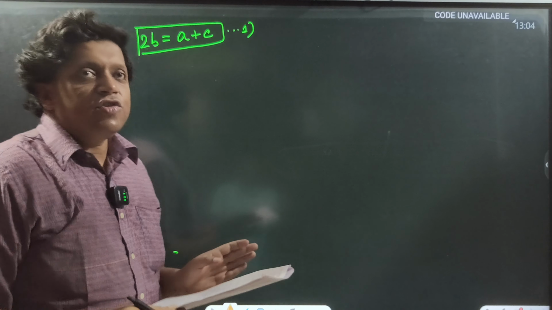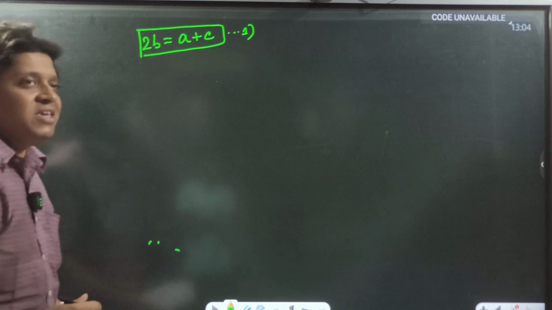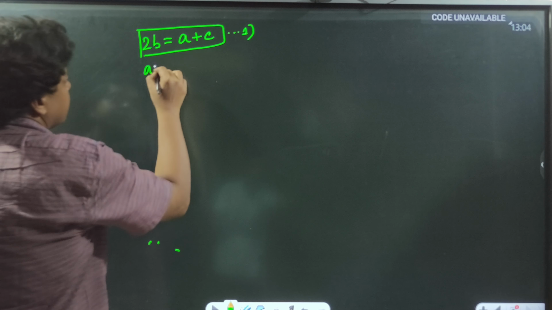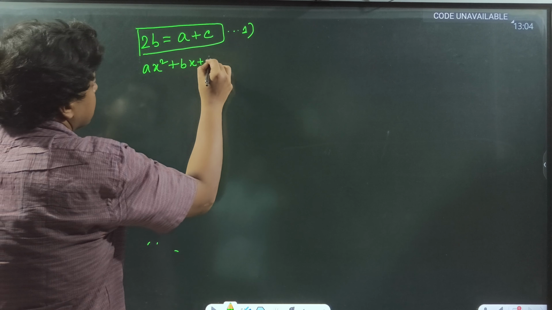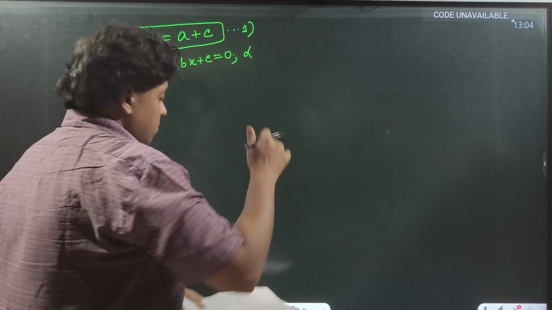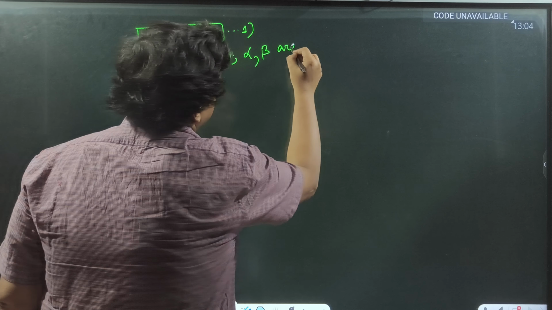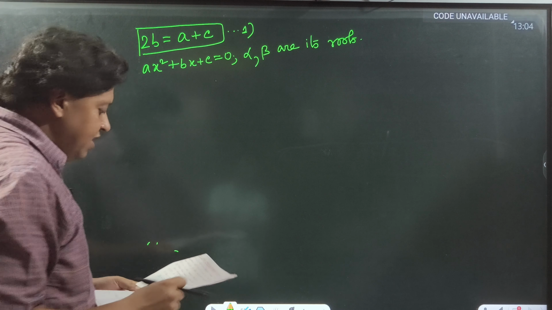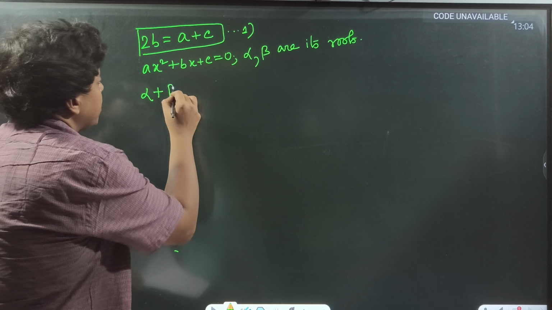Now, let the roots of the equation ax square plus bx plus c be the standard alpha comma beta. Then the very easy properties, sum of the roots and product of the roots.